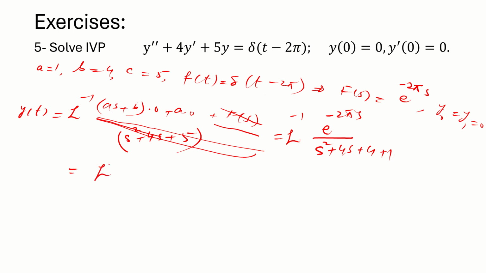This is the Laplace inverse of e power minus 2 pi s divided by (s plus 2) whole square plus 1. Now, using the first shifting theorem first and then applying the second shifting theorem.